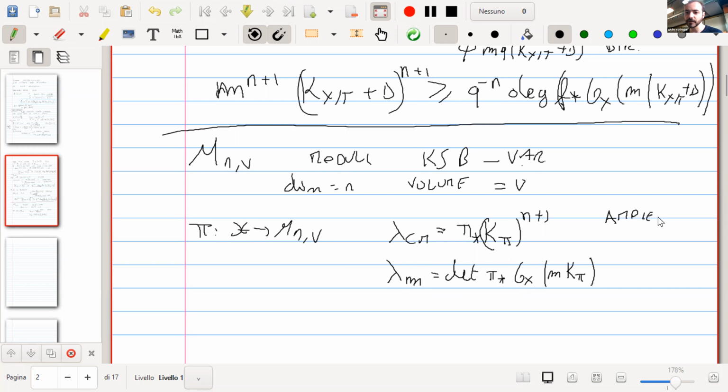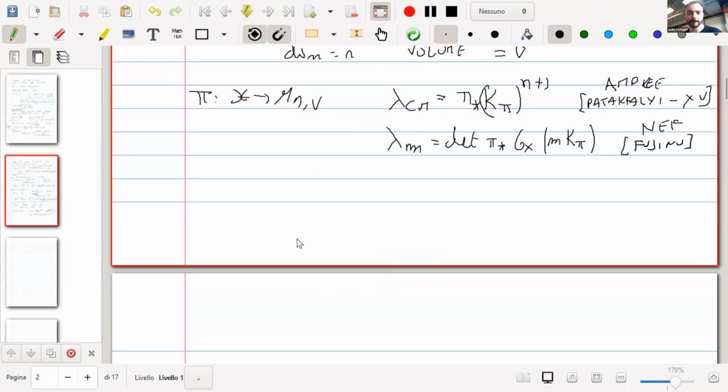This one is ample, which is known by Patakfalvi and Xu. This other one is nef, just nef. This is by Fujino.